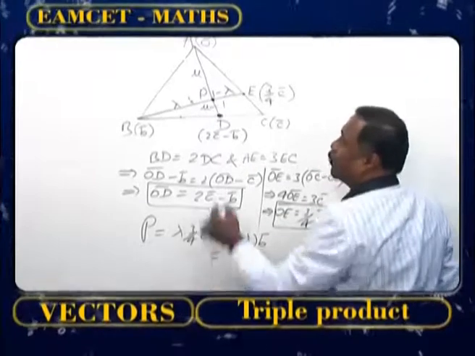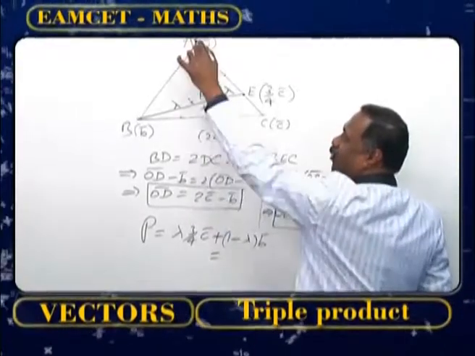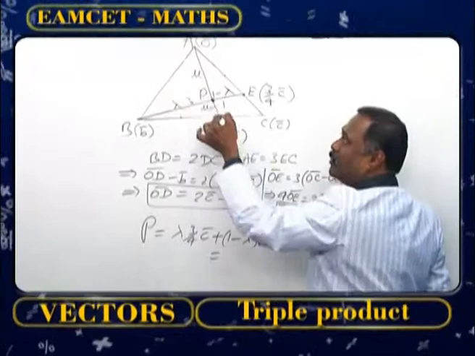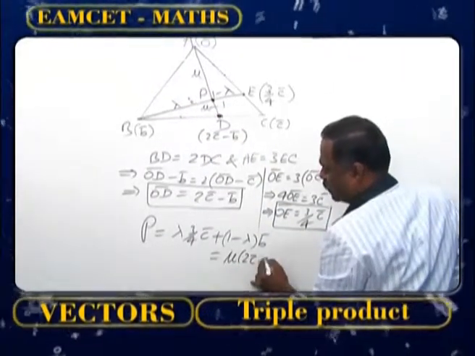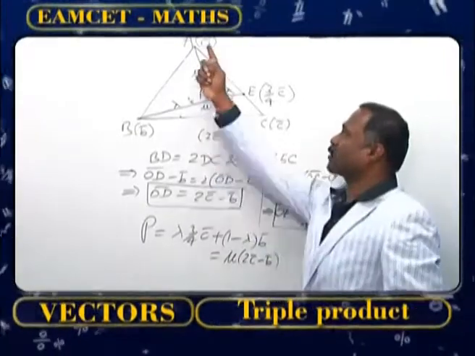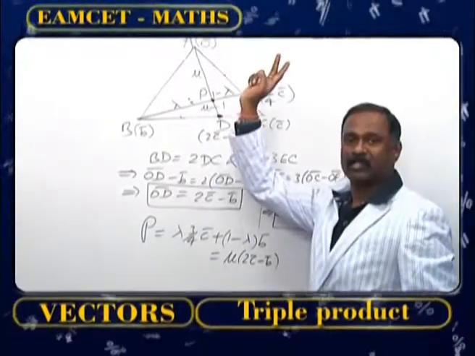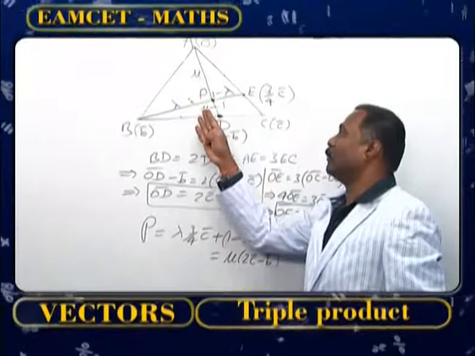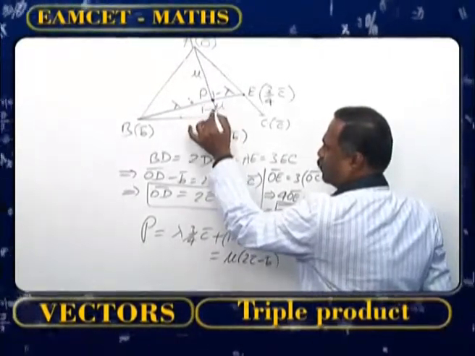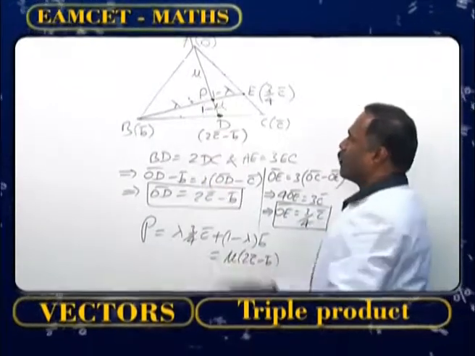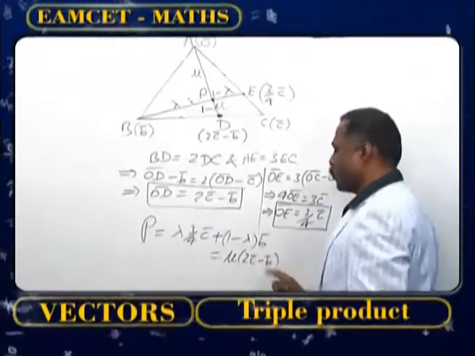Similarly, I will find P on AD now. See, mu into 2C minus B plus mu minus 1 into 0 bar, which need not be written, divided by mu plus 1 minus mu. This is 1 minus mu. Mu plus 1 minus mu gets cancelled, 1 only remains.